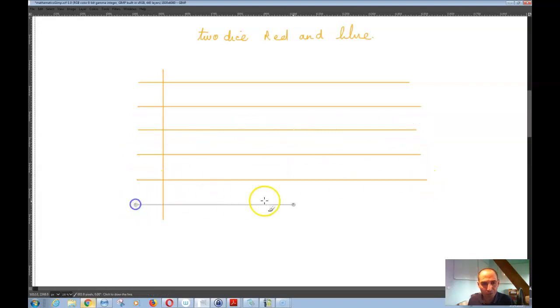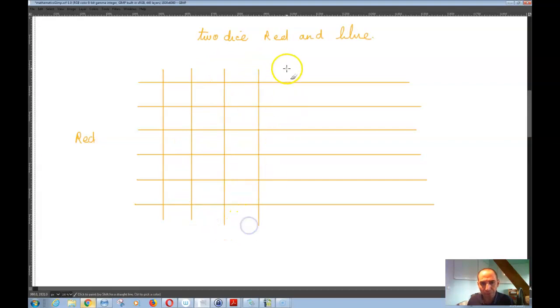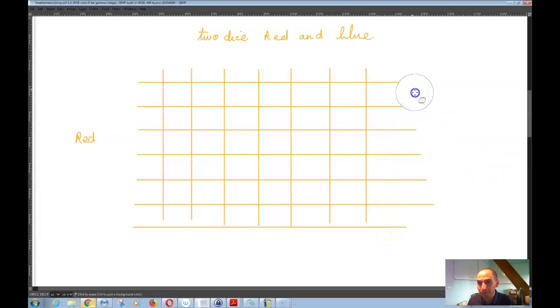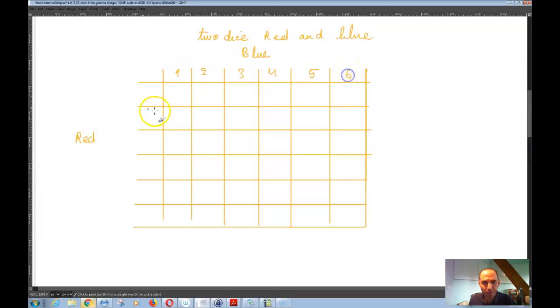Here you have your red dice, here you have your blue dice, with 1, 2, 3, 4, 5, and 6 on each. Throwing these dice, you could get a 1, 2, 3, 4, 5, or 6 on the blue, and the same on the red.